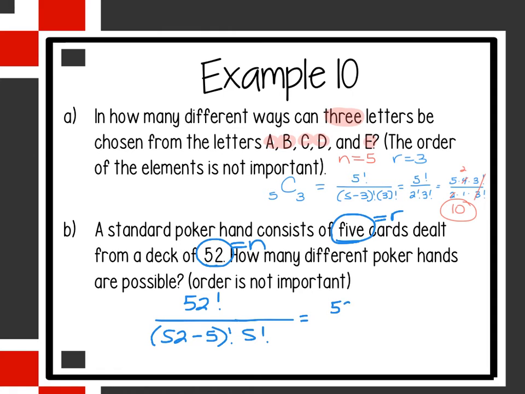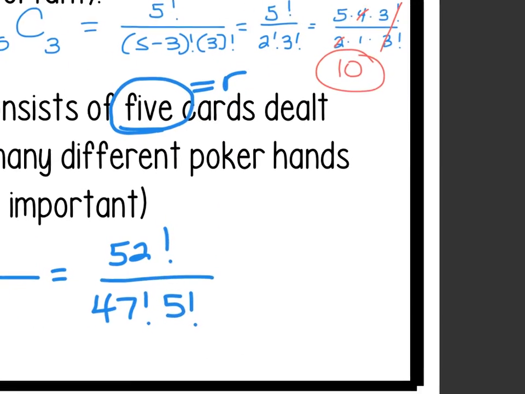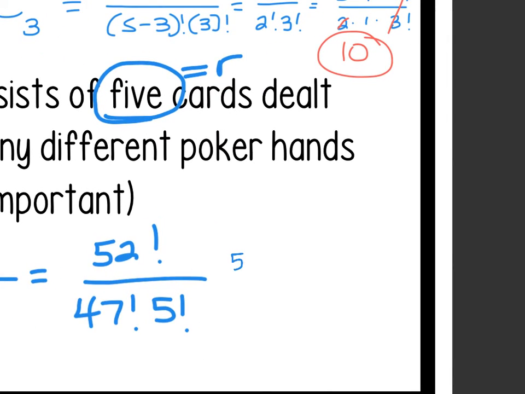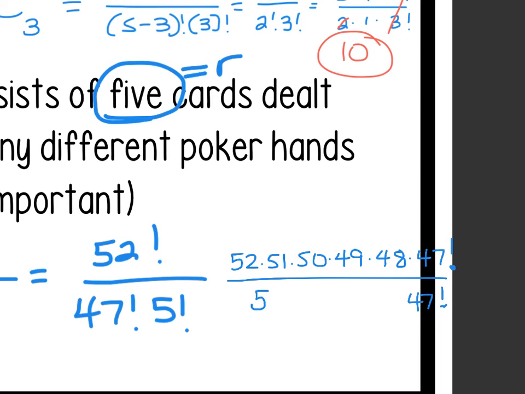This would be 52 over 47 times 5, all factorials. This 52 becomes 52 times 51 times 50 times 49 times 48 times 47 factorial over 47 factorial, and then 5, 4, 3, 2, and 1.